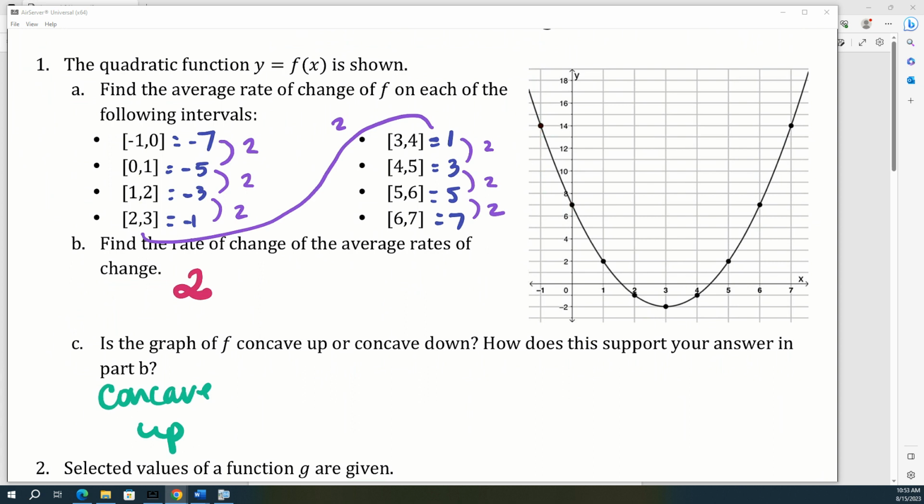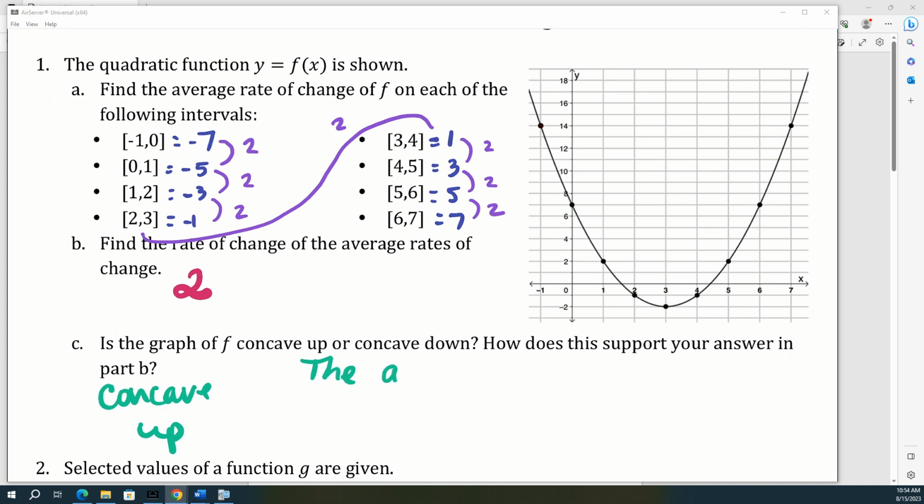All right, and then how does this support your answer in part B? So we got that the rate of change everywhere of the rates of change was 2, so that's a positive number. They're increasing by 2. So let's word it better than what I just said.